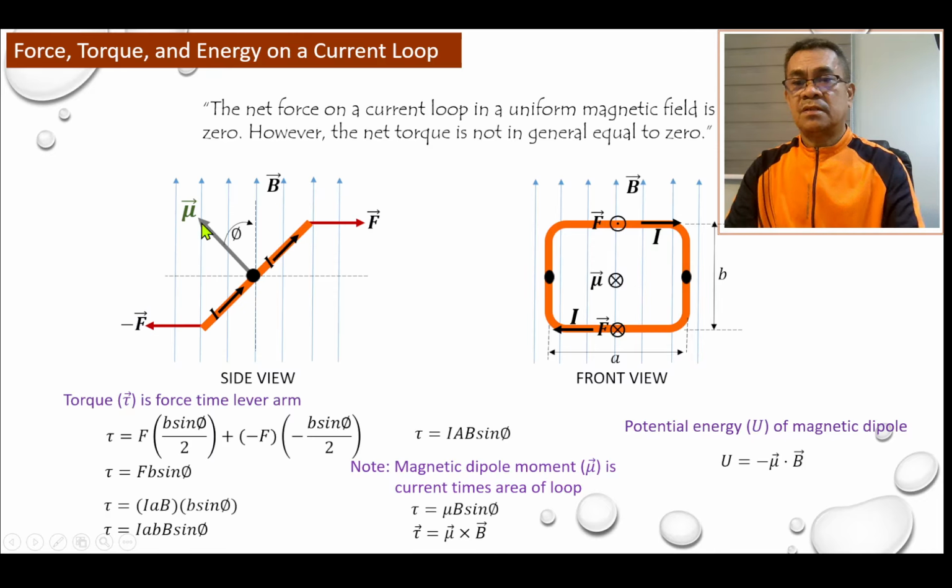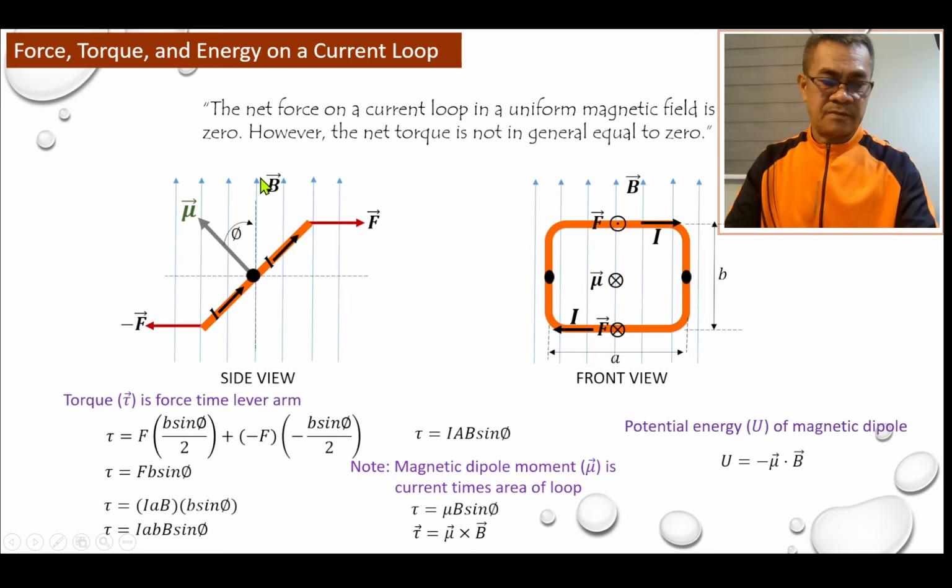So the mu will rotate towards the magnetic field and align with it. Remember that mu is always perpendicular to this area. So if the field is vertical, then mu should be horizontal. Therefore, the stable position of the system will be horizontal, because mu tends to align with the magnetic field.